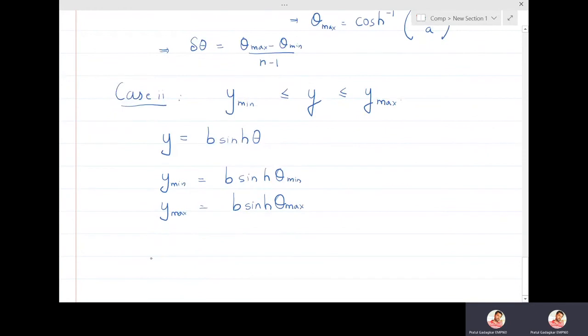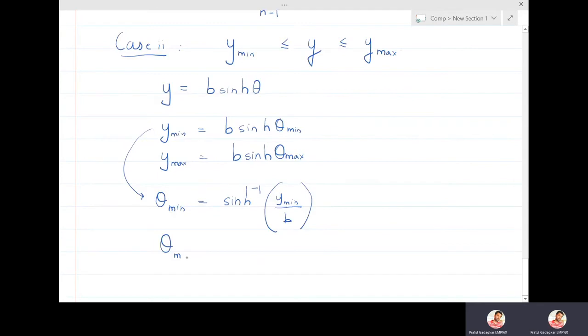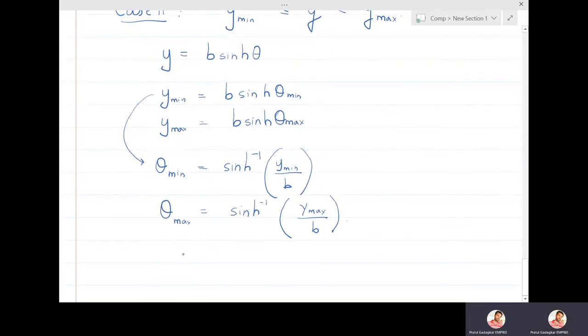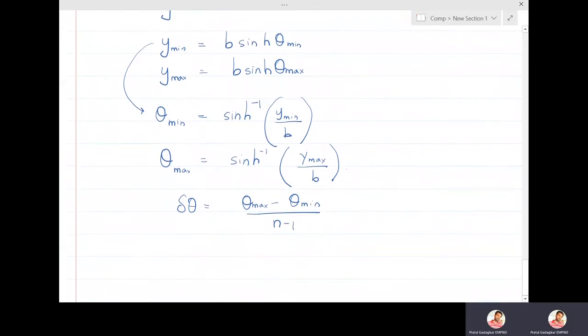And from this you will get theta min is sinh inverse of y min upon b, and theta max is going to be sinh inverse of y max upon b. Once I get the values of theta min and theta max, my value of delta theta will be the same: theta max minus theta min upon n minus 1.